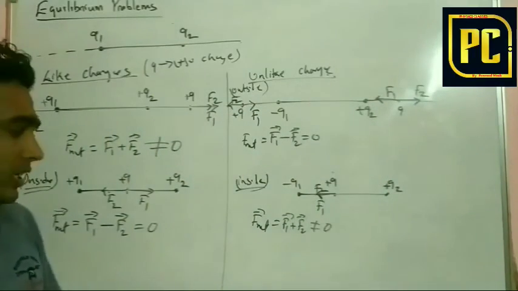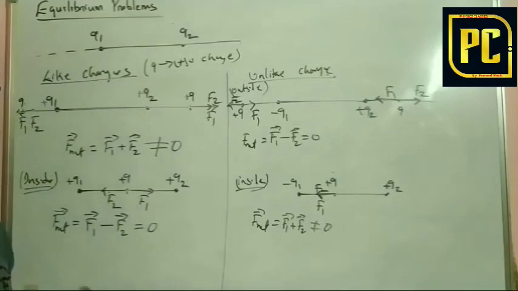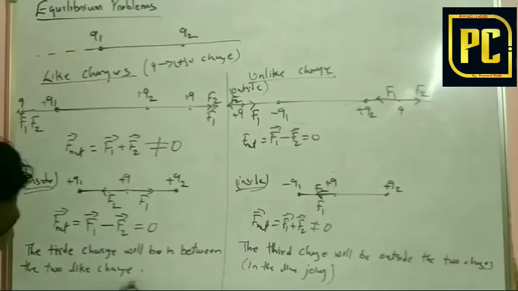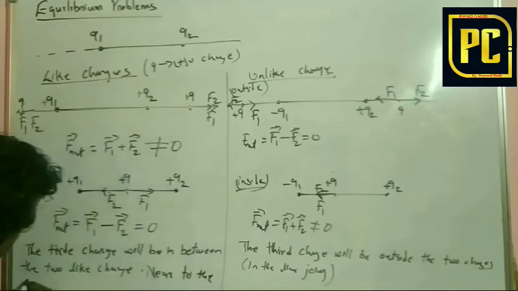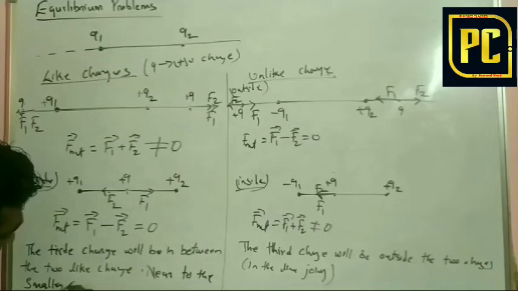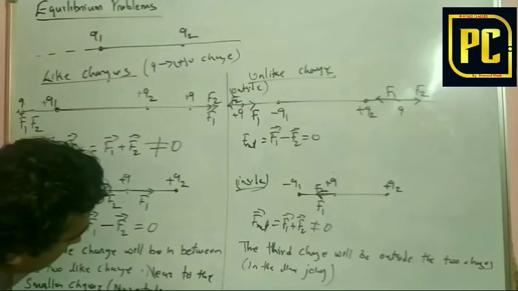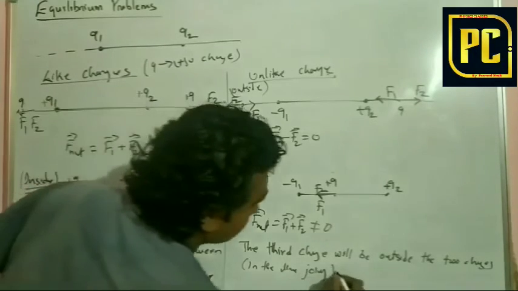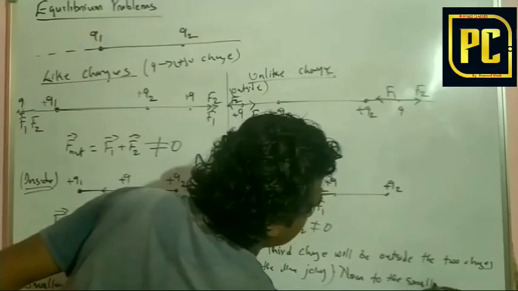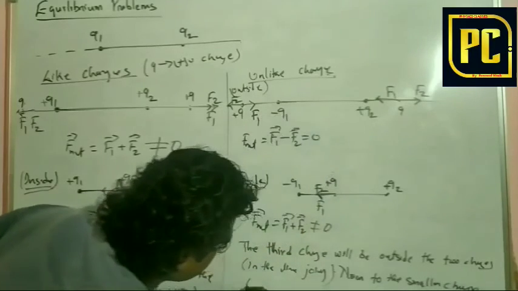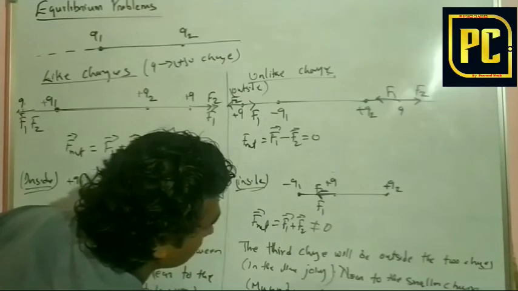Now it depends on the magnitudes: we place the charge near to the smaller charge magnitude wise, and here also near to the smaller charge magnitude wise.